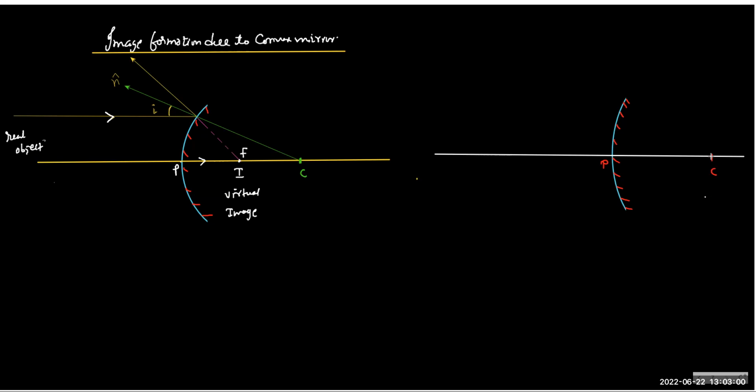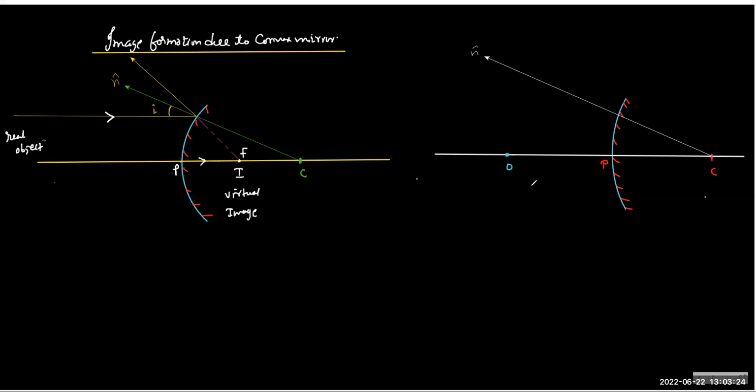The normal is going from the center to any point on the mirror. That's the normal by definition of a circle, right? So now knowing the normal, choose any point on the principal axis. Any point. It really doesn't matter now whether it's close or far.